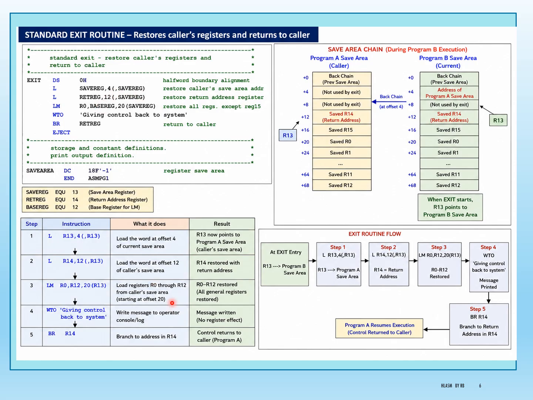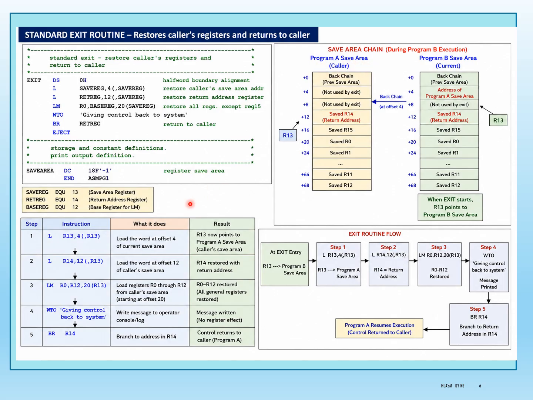Now understand this: when we are just about to enter this routine, register 13 is pointing to the program B save area. That's what we did as the last command when we entered the program. Register 13 is here, which is B00, and plus 4 is at offset 4. What does it have? It has the address of the program A save area, which is A00.